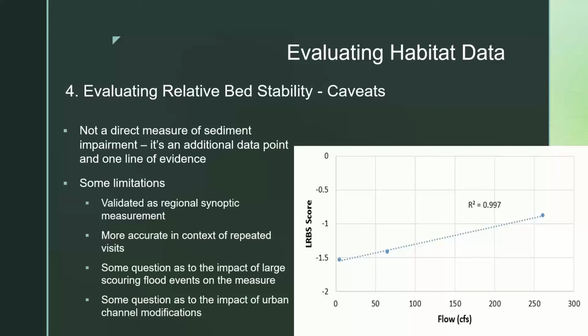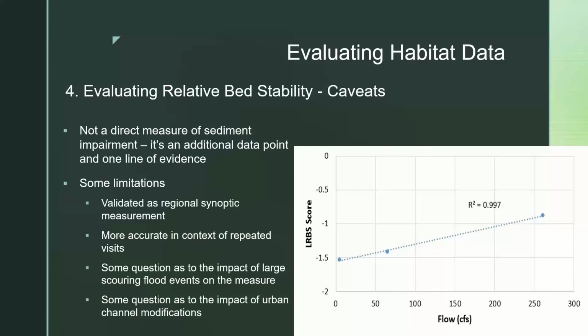Some limitations. It was validated as a regional measurement. I think it's most accurate with repeated visits. And there are some questions as to the impact of large scouring flood events. In the North Fork Rivanna, we had the opportunity to have 3 different measurements of relative bed stability at the same location over time.